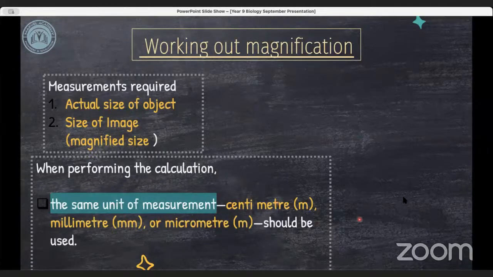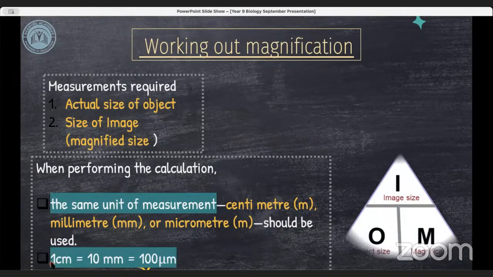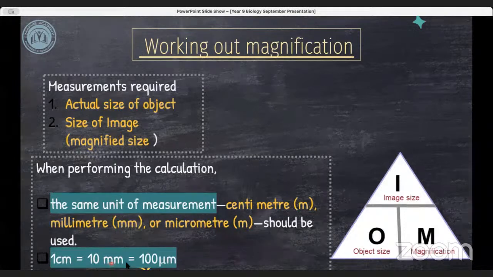If it is centimeters, keep both in centimeters; if not, convert to the appropriate one, whether millimeters or micrometers. Note down this: 1 centimeter is equal to 10 millimeters, which equals 10,000 micrometers.